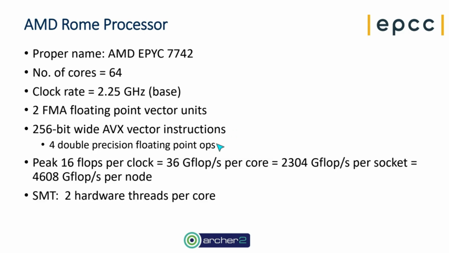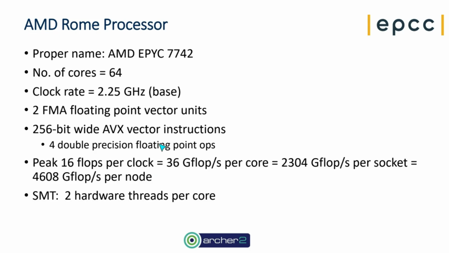So for double precision, each of those is 4 floating point operations in a vector instruction, and you've got 2 units. The multiply add counts as 2. You've got 2 units and 4 wide vectors, so that gives you a peak of 16 flops per clock.